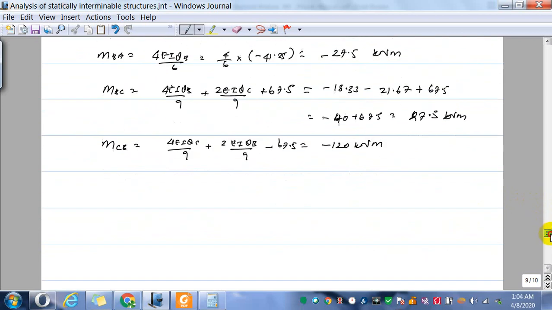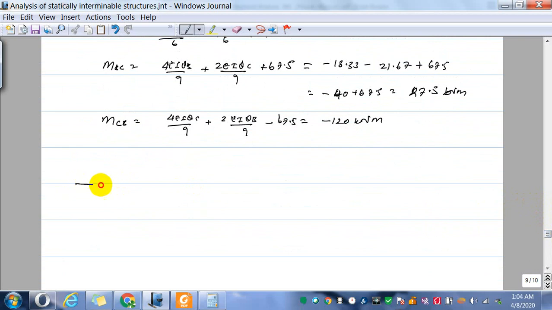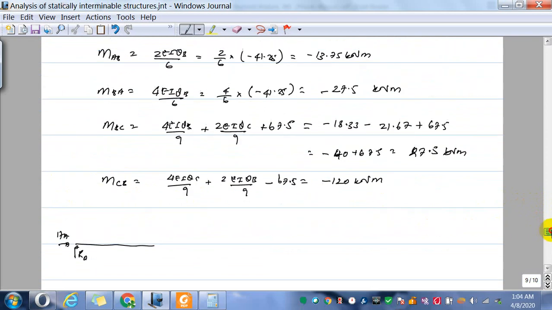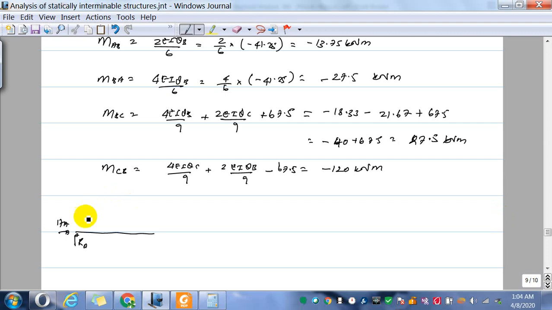So to determine the reaction, say if you consider the AB, RA, HA, and your moment AB is minus 37.25. So minus means it's clockwise, 13.75, and here you have RB1 because you break this into two, right? So the other part is RB2 and RC.